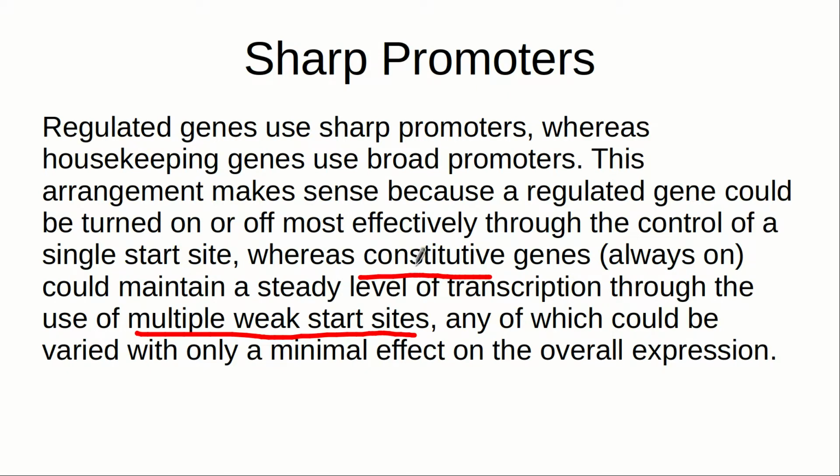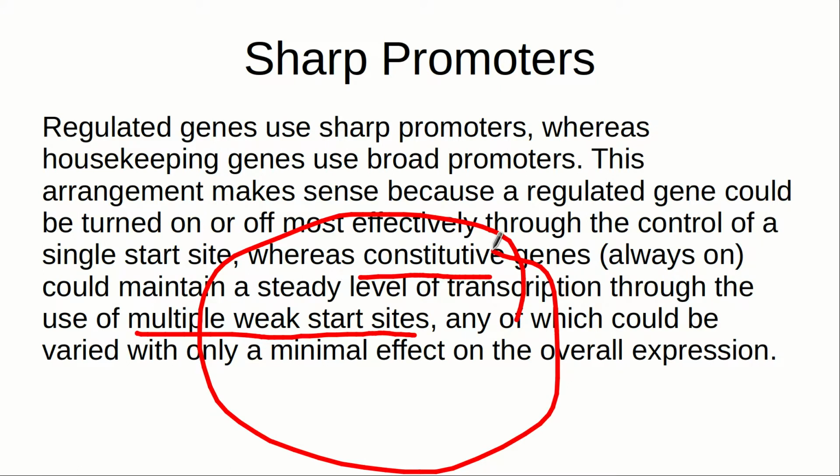We're not looking at a housekeeping gene. We are looking for one where we're controlling the expression. This one does less regulation. A sharp promoter means that this is not a highly regulated gene. Probably not regulated by the environment much. It's on, it stays on, and never goes off, and you need it to be pretty much working at a steady state at any given time.